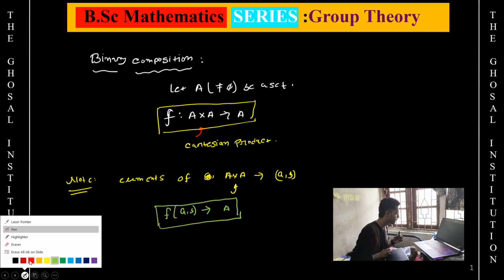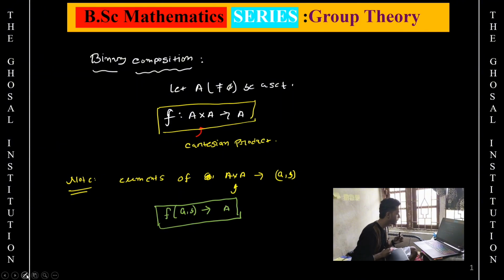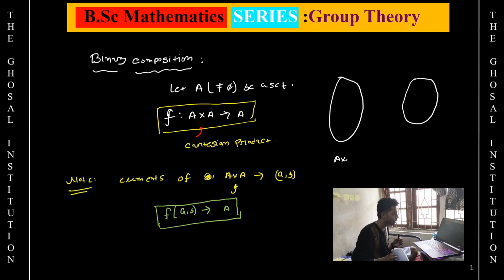How does it look? Suppose this is your A cross A set and this is your A set, and you're defining a map called F. We know that if a set has cardinality n, then the cardinality of A cross A is n square.